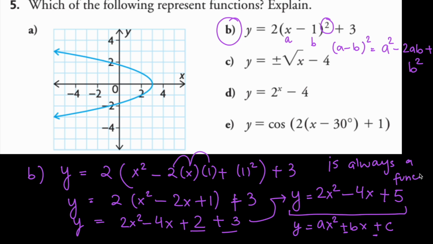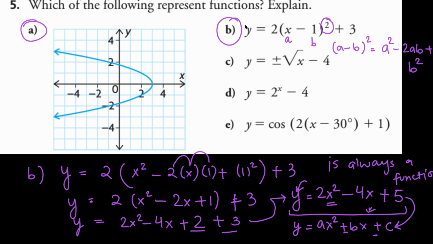Because this equation tells you that for every value of x, there exists only one value of y. If for every value of x there exists only one value of y, then that equation is a function. By default, all parabolas, as I've shown you in part A, are functions. So all equations that imitate the standard equation of a parabola will be functions.